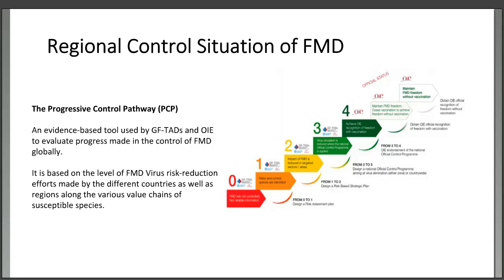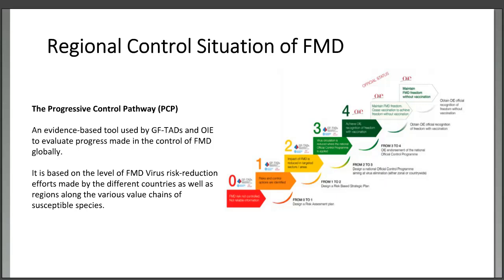So the current status, according to the progressive control pathway, as you can see on the map: the countries in blue are actually free, recognized as free without vaccination.